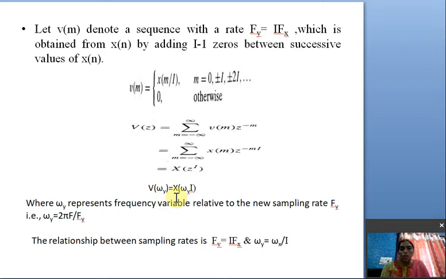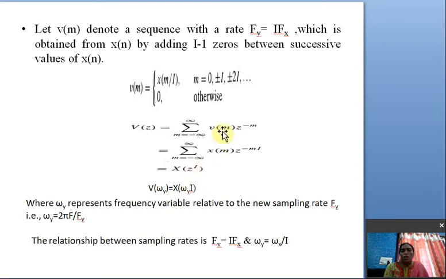Now if v of m denotes a sequence with a rate I times fx, which is obtained from x of n by adding I minus 1 zeros between the successive values of x of n, we can represent that as v of m equal to x of m by I, where m is 0, plus or minus I, plus or minus 2I and so on, otherwise it is 0. Then take the z transform, which is the summation of v of m into z power minus m.